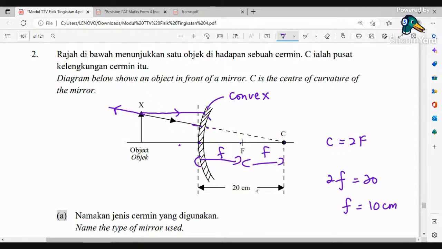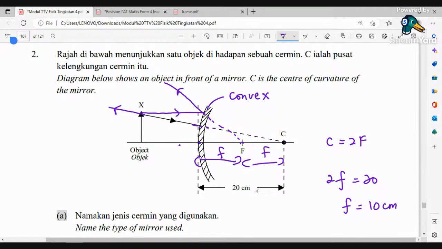Maksudnya dari sini, F, dari F, diverge up. Okay. So untuk convex, parallel, okay, diverge from F. Okay.